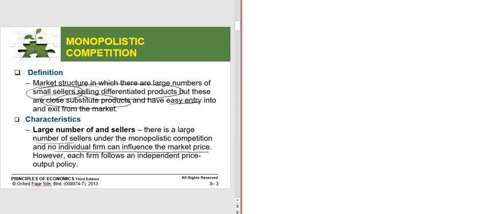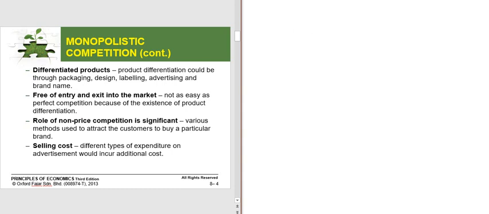Then they are selling differentiated products. Like I said just now, their products can be differentiated because each product will have different packaging, different design, and their own labeling. They can advertise their product and they can have their own brand name. So in monopolistic competition, they can sell the same type of product, but these products can be differentiated by putting different labeling and different brands on the packaging.